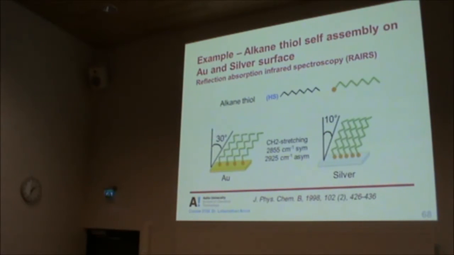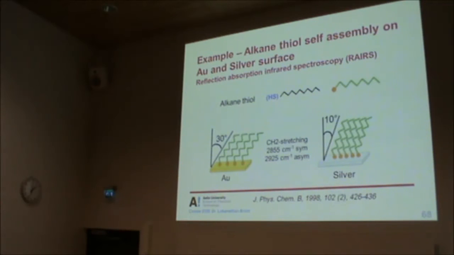So here is one example where if you send polarized light, let's say the plane of vibration is parallel to the surface. This is not true, I'm just giving an example so that you guys understand it. Now, because here the tilt is higher, the polarized light will be absorbed more by this, because this is closer to being parallel to the surface, and this is farther away, closer to being perpendicular to the surface.